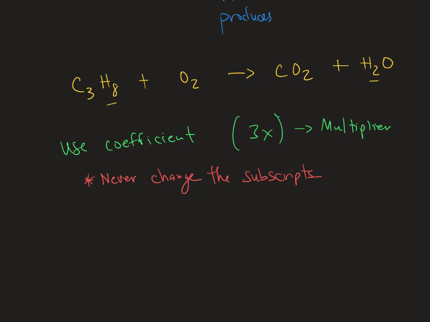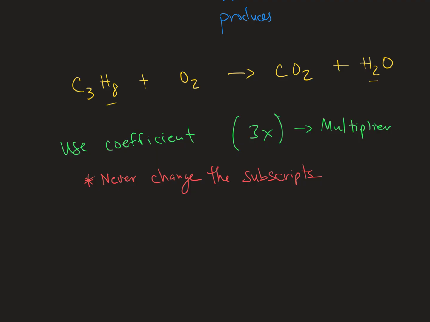Okay. Now, before we get into balancing the equations, I want to give you a few tips and tricks. Now, I'm just going to give you a heads up on this. If you don't remember these, you should still be able to balance them if you know how to count atoms in a compound.